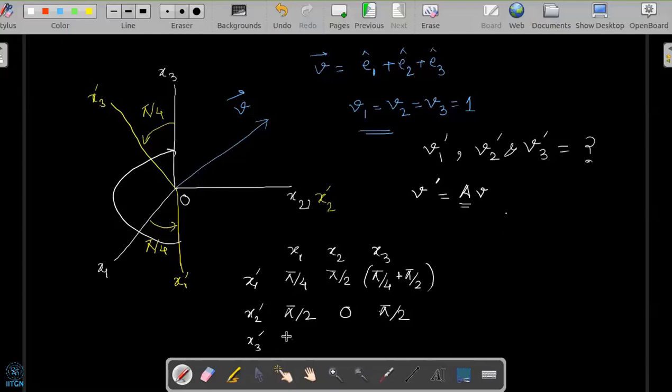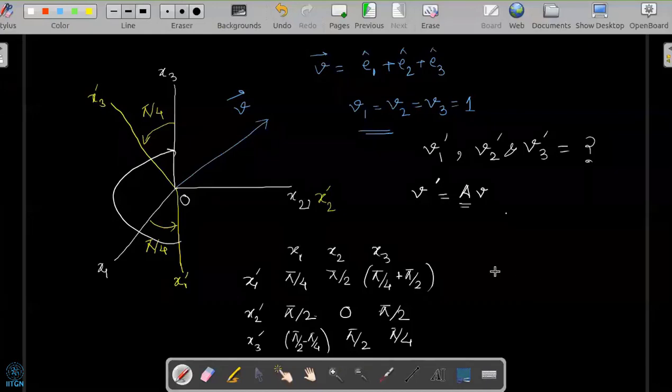This will be pi by 2 minus pi by 4, and this is pi by 2, and this is pi by 4. So this is the angles between the new set of coordinate system and the old set of coordinate system: x1 dash to x1, x2, x3, and so on.